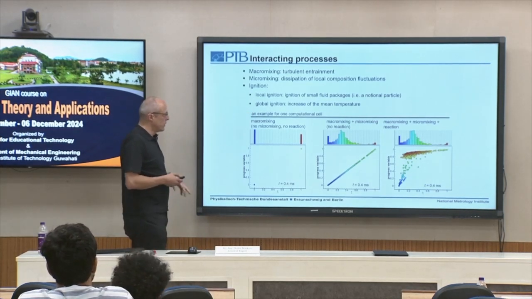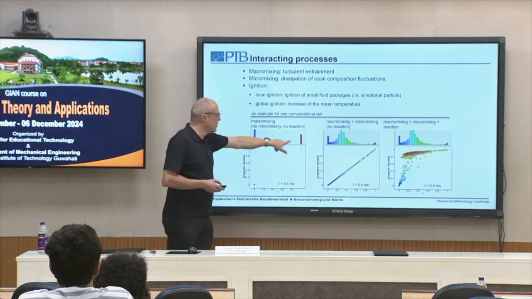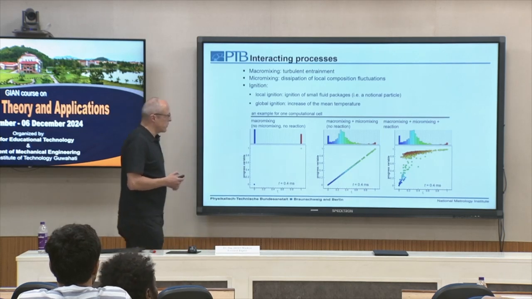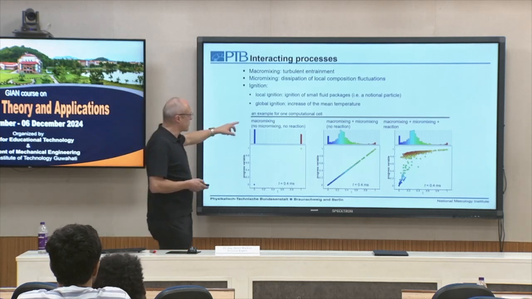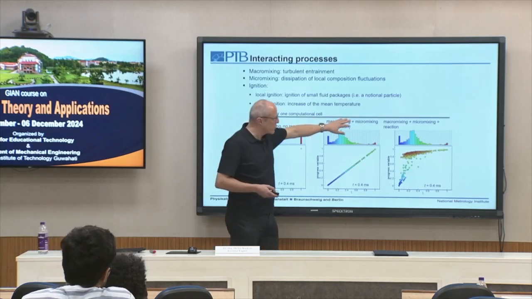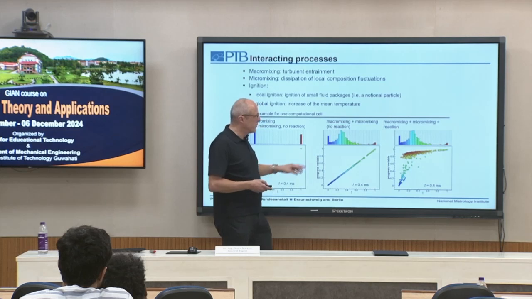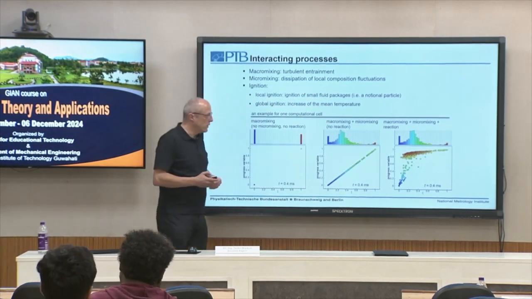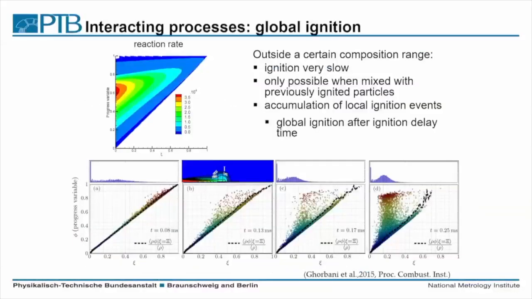At the beginning, when we look at the progress variable, we have only two states here: unburned gas and hot exhaust gas. And of course, with macro mixing alone, this does not change. When we consider micro mixing, we see a lot of intermediate states. And if we also have ignition, we can see how this changes the progress variable.